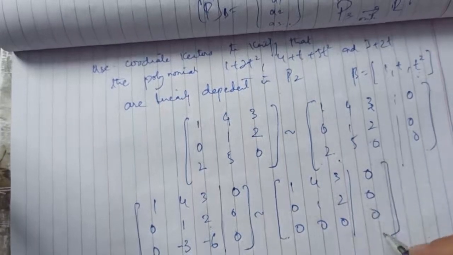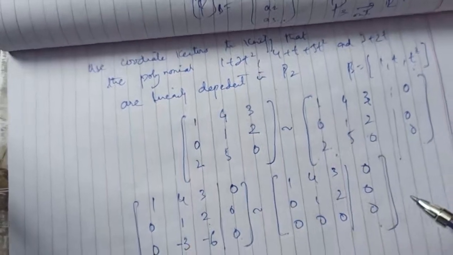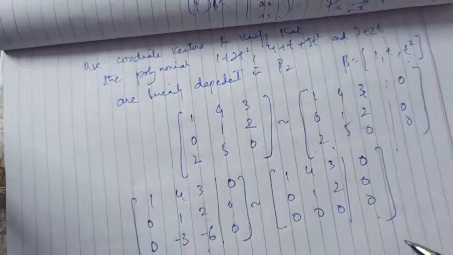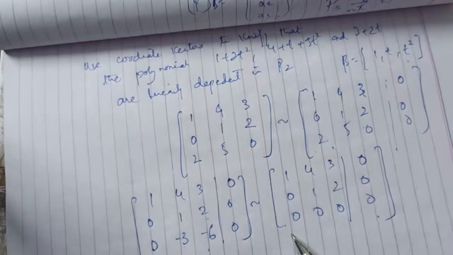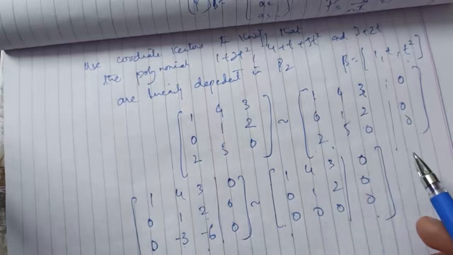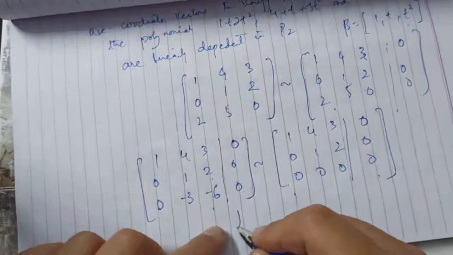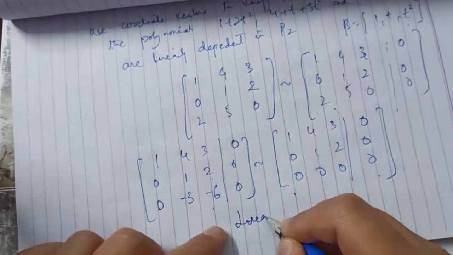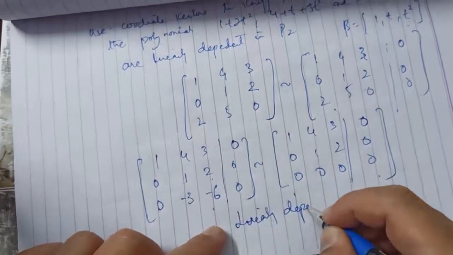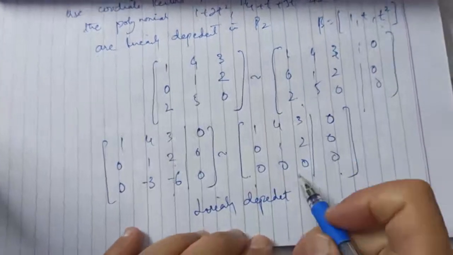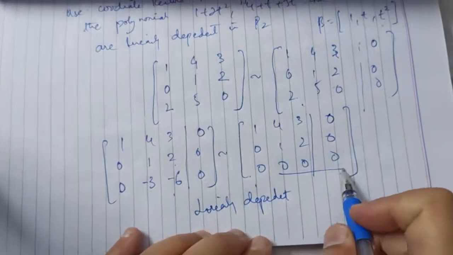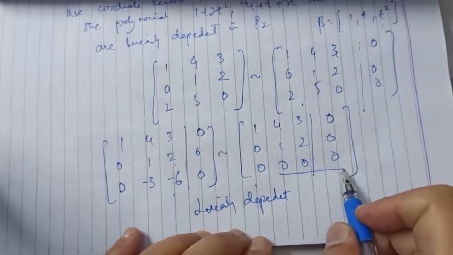So we can see here that the columns of A are linearly dependent, and so the corresponding polynomials are linearly dependent. We can see that because there is a 0 over here, so there is at least one free variable, right?